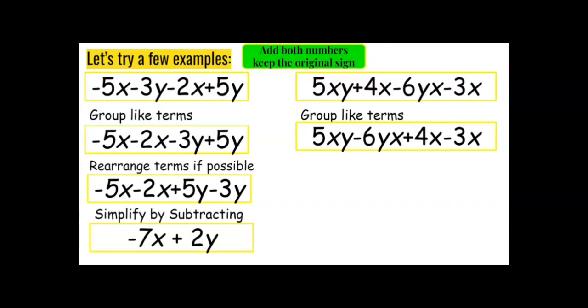So 5xy minus 6yx are like terms. But we can rearrange our variables if we feel more comfortable. We can go ahead and rearrange it because, again, multiplication is commutative.